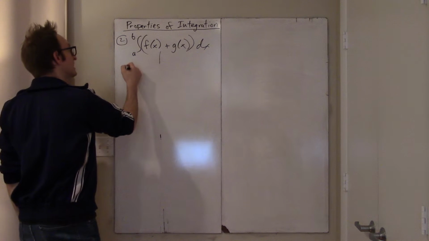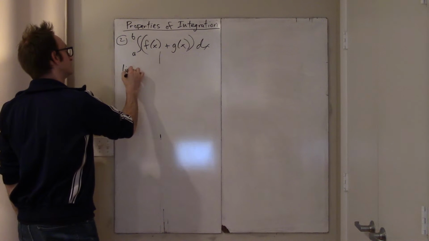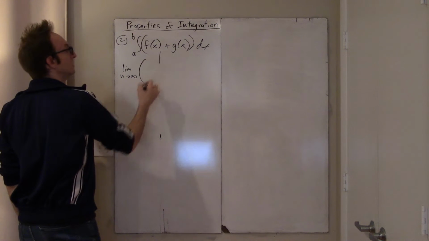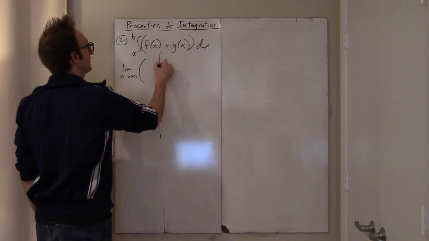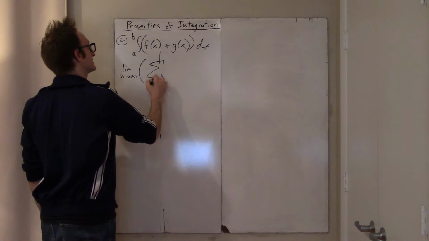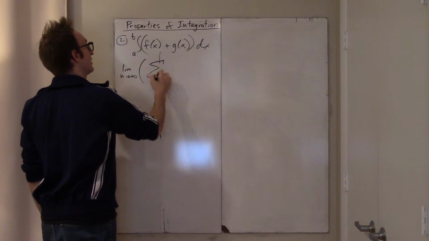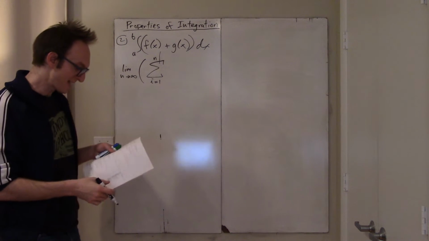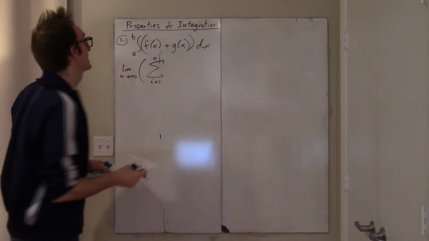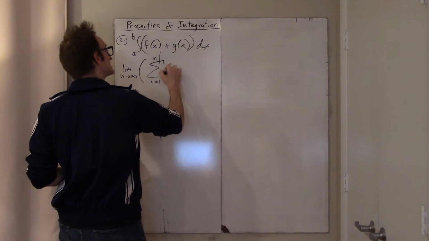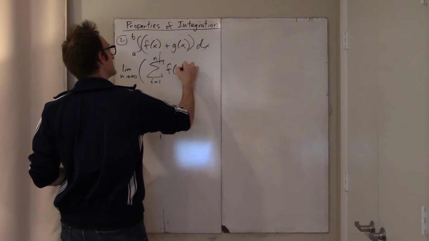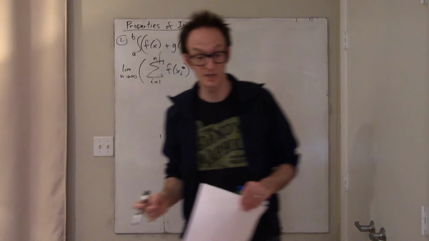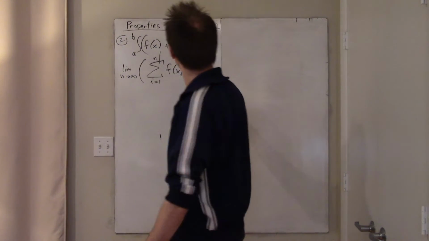What is this? Well, it's going to be the limit, as n goes to infinity, of some Riemann sum. What is that Riemann sum? It's the Riemann sum that results from partitioning this interval from a to b up into subintervals and taking a sample point from each subinterval. Let x sub i star be a sample point chosen from the ith subinterval.